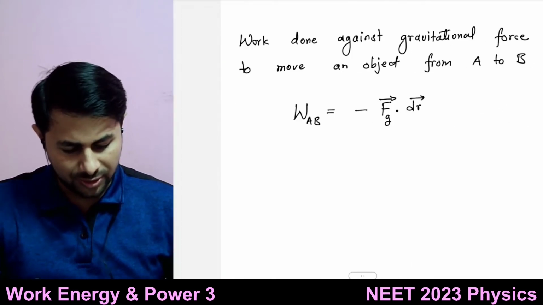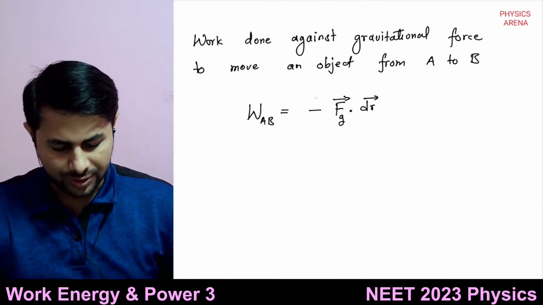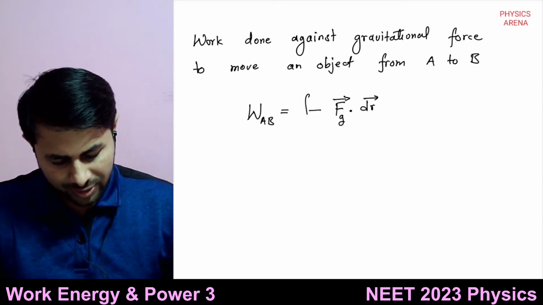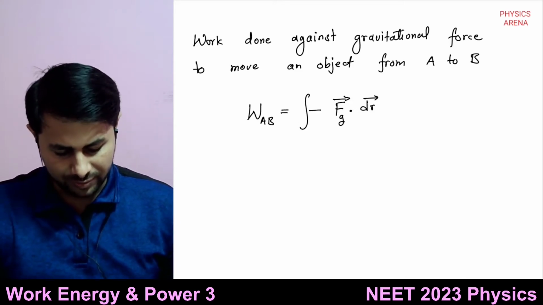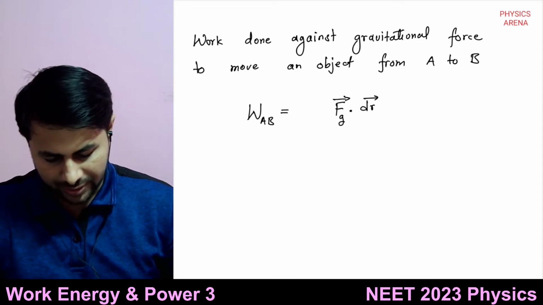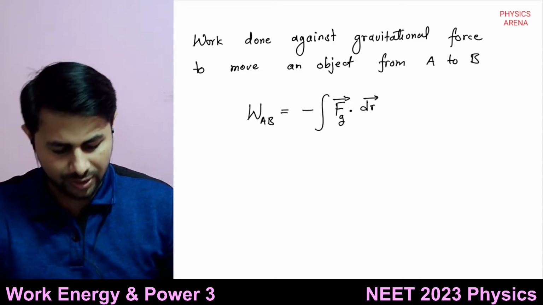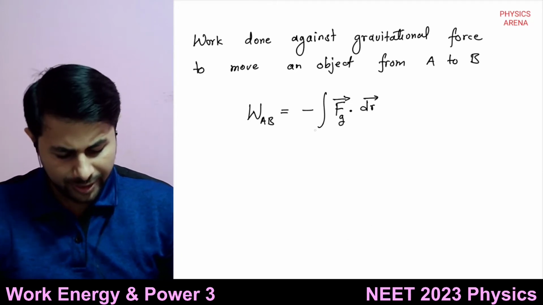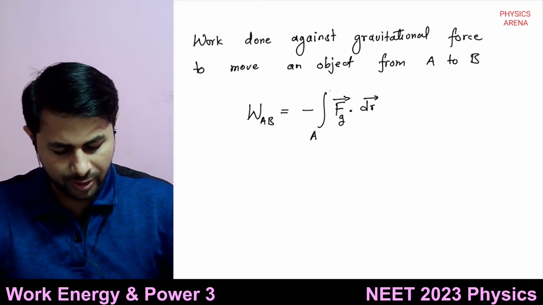This procedure is known as integration, right? This procedure is known as what? Integration. So it is the integral of this thing, or I can take the minus sign outside: minus the integral of Fg bar dot dr bar, and from where to where? From point A to B.